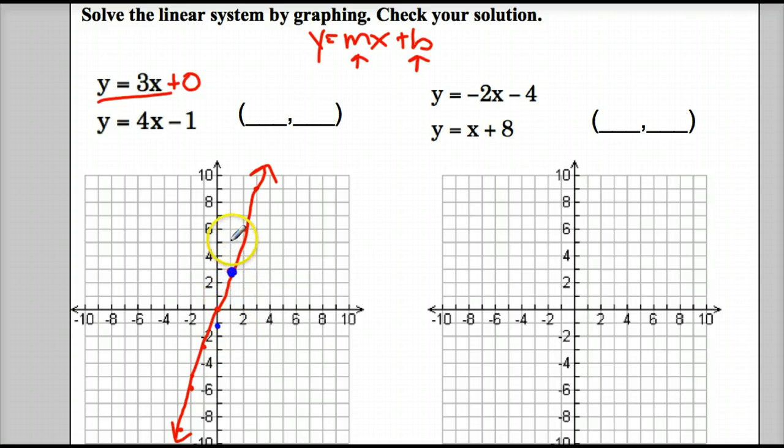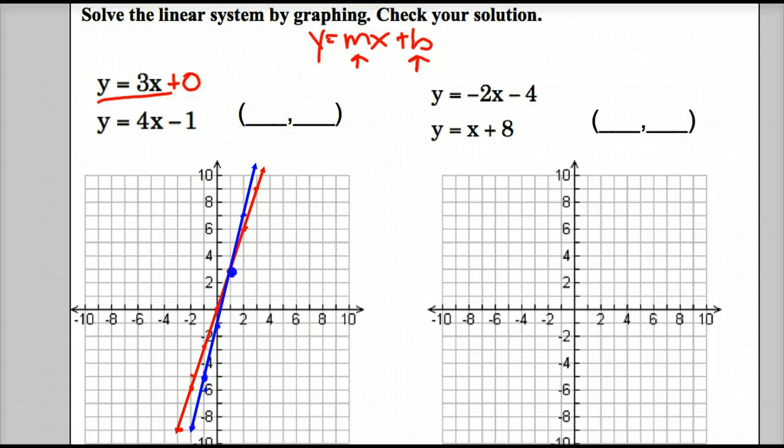And up 1, 2, 3, 4 over 1. Now this way we can go down 4 over 1, down 4 over 1. And we get the graph here. I'm going to pause and do a straight line. Okay, and there we have it.